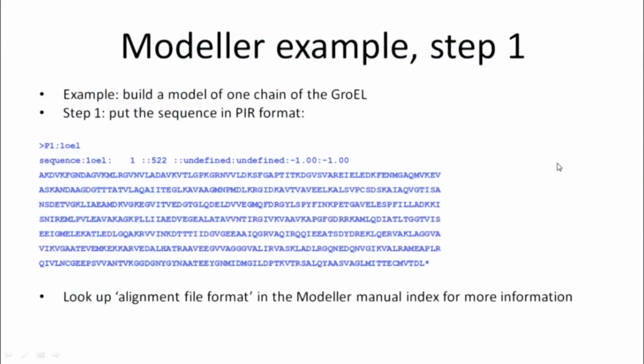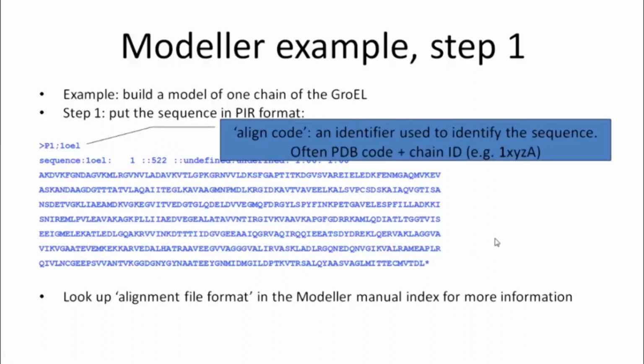This is the typical PIR file format shown in blue color. It starts with the command line followed by the sequence description and the actual sequence, and it ends with the star. The first line gives the detail about the align code, which is very essential for Modeller to read the sequence, and the same ID should be used throughout the process.